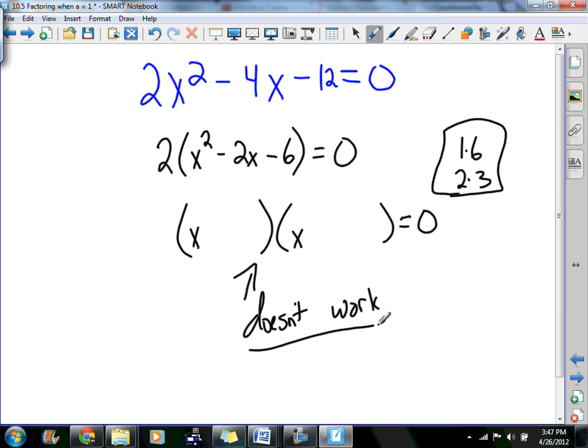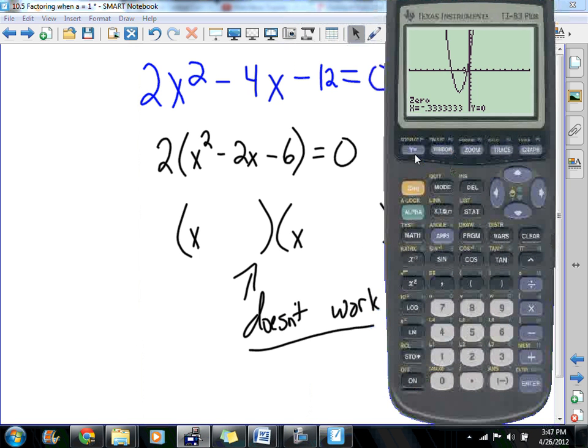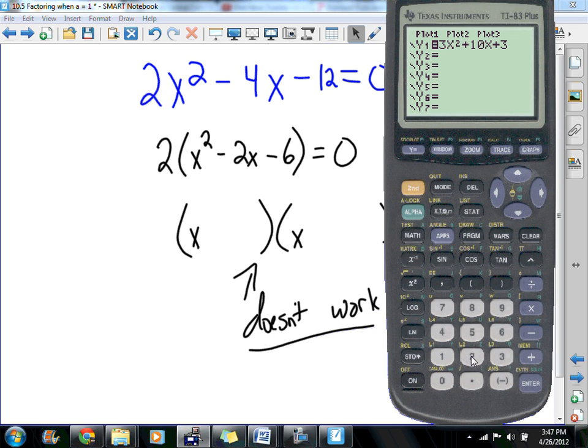Factoring works sometimes. And it's a really, really nice method if it does, but it will not always work. If it doesn't, we have to pull out the calculator, graph it, and estimate. Okay?